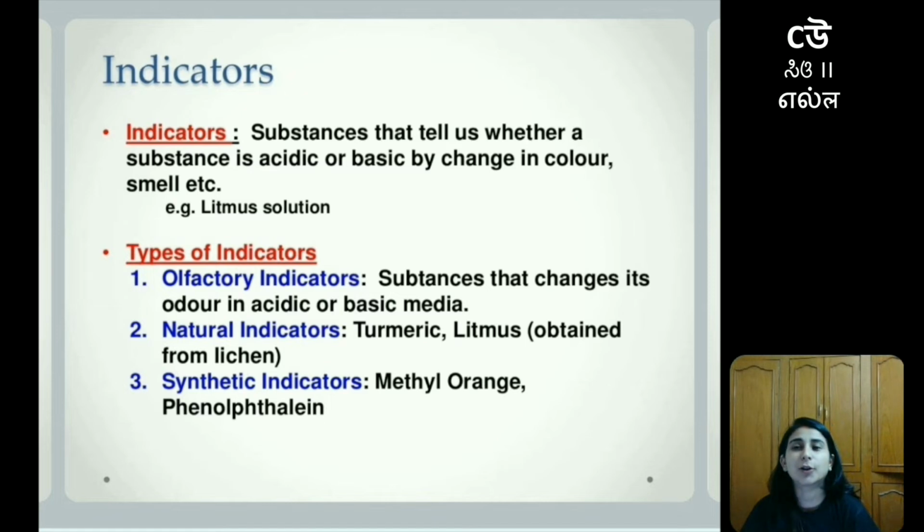Now let's talk about indicators. For indicators, it has been said that these are substances that tell us whether a substance is acidic or basic in nature by change in color, smell, etc. One very good example of indicator is litmus solution.